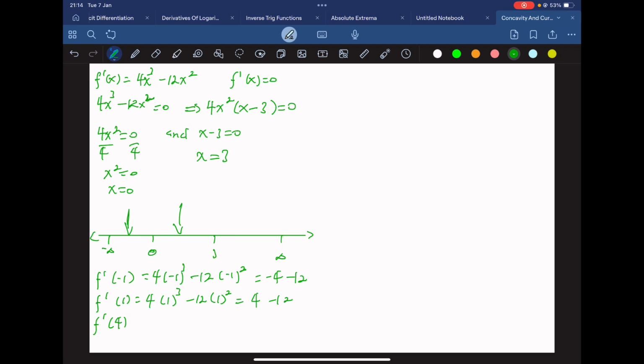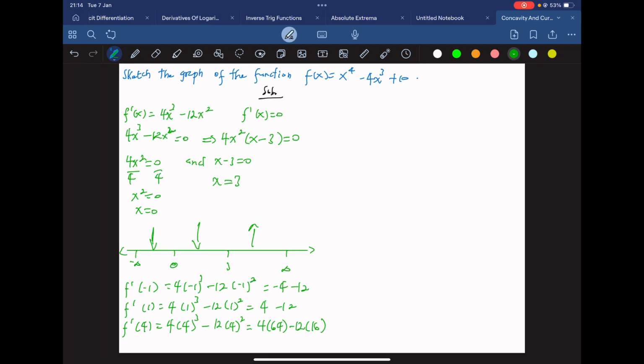So f prime of 4 is 4 times 4 cubed minus 12 times 4 squared. 4 cubed is 64, 4 squared is 16. So pretty much that is positive, so that goes up.